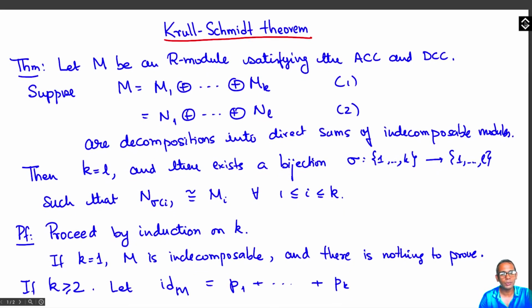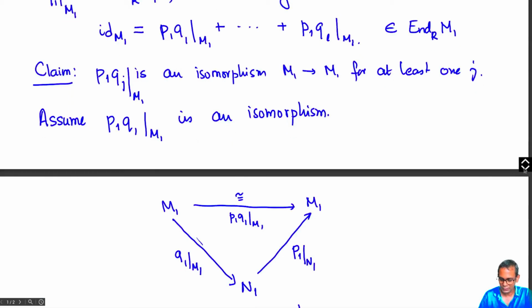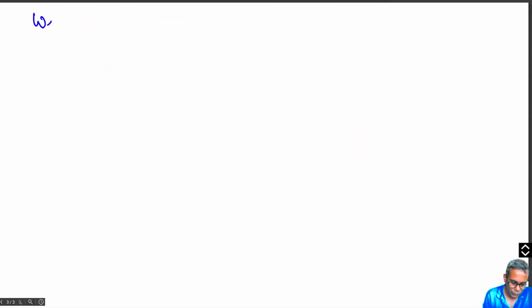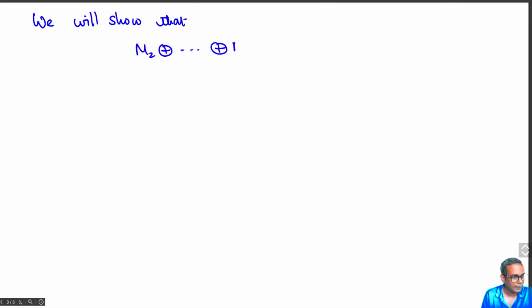Now for induction to kick in, it suffices to show that M2 plus ... plus Mk is isomorphic to N2 plus ... plus Nl. That's not really obvious yet.